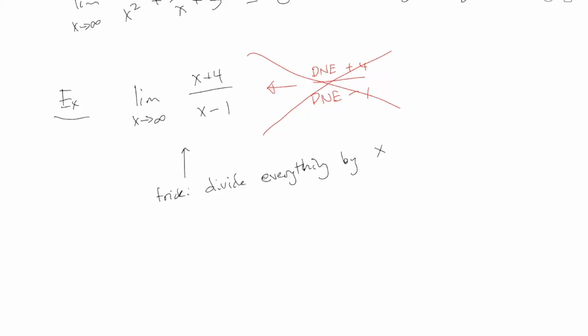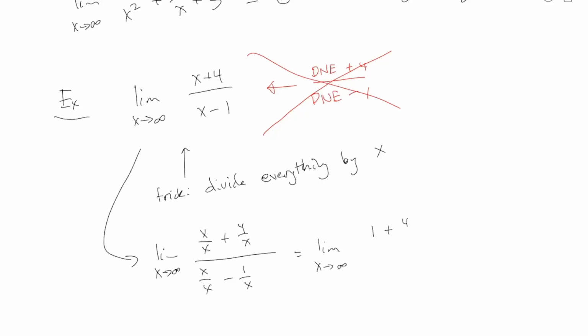What this becomes, if I divide everything by x, is x over x plus 4 over x, divided by x over x minus 1 over x. And then some of these will cancel. The x over x is 1. That's a 1 plus 4 over x, over 1 minus 1 over x.